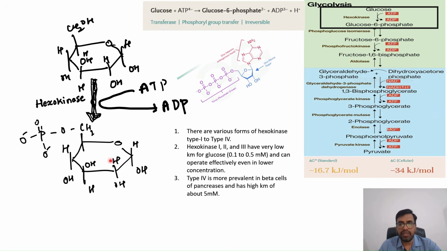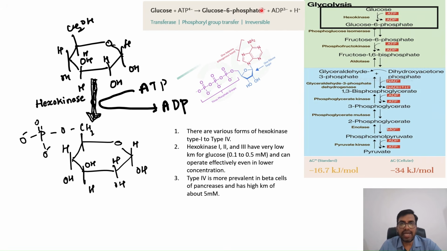If you see the structure, this is the basic structure of glucose and this is the structure of glucose 6-phosphate. There is nothing else changed here. The only thing is that instead of this hydrogen, we have added the phosphate group to form glucose 6-phosphate. The overall reaction I have written here: glucose in the presence of ATP gets converted into glucose 6-phosphate.